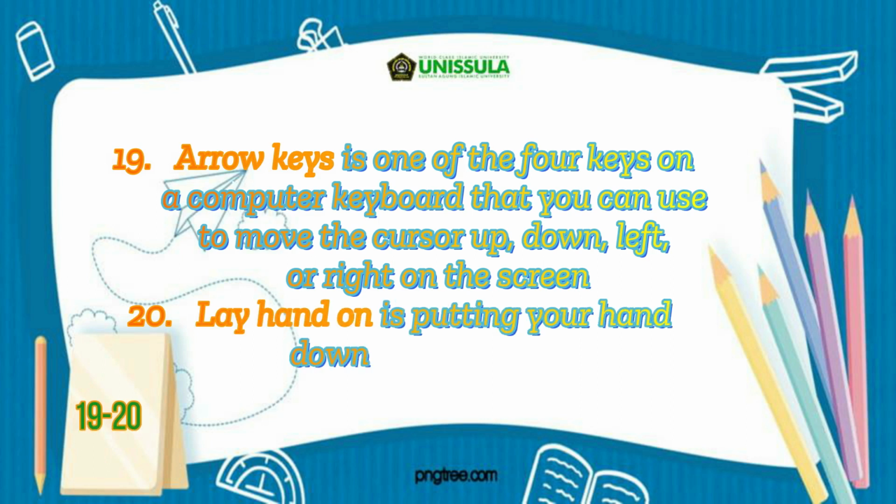The arrow keys here are one of four keys on a computer, especially on a computer keyboard, that you can use to move the cursor up, down, left, or right on the screen. And then the last, number twenty, lay hand on. It means putting your hand down on something.